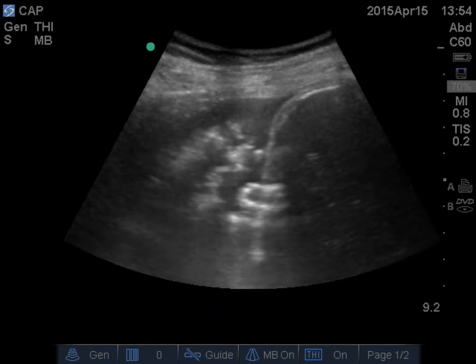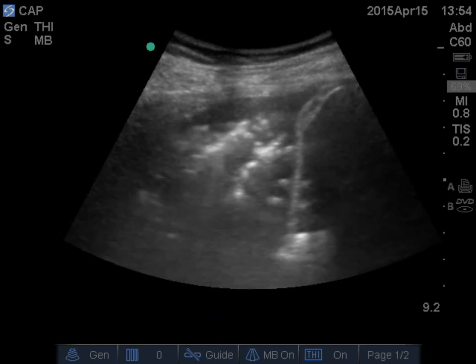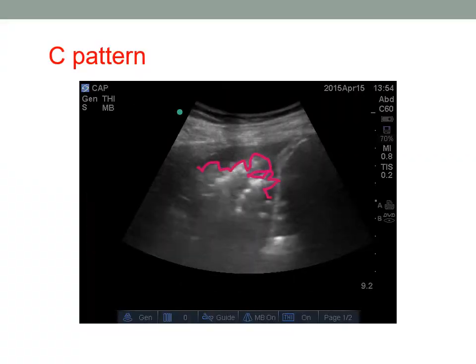There's a transition between the lung having B lines and being fully consolidated, and this is what you see in that transition phase. This is called shred sign because you see what looks like shredded lung. This is the stage just before you get fully consolidated lung.